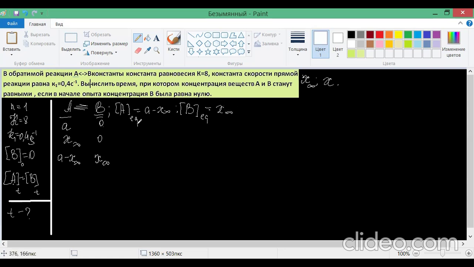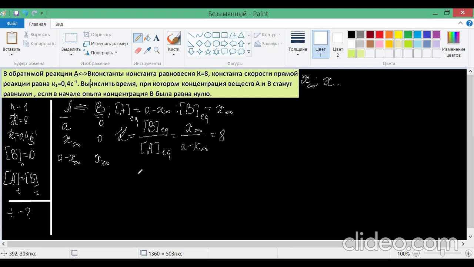Then we remember that K, the equilibrium constant, is equal to the concentration of B at the state of equilibrium divided by the concentration of A at the state of equilibrium. And we know that K, capital K, is equal to 8.